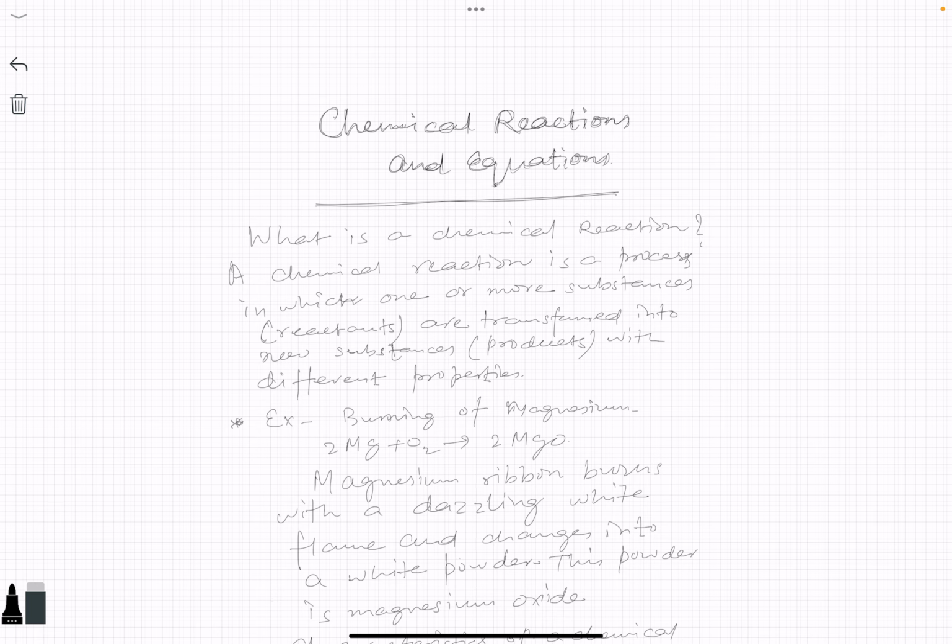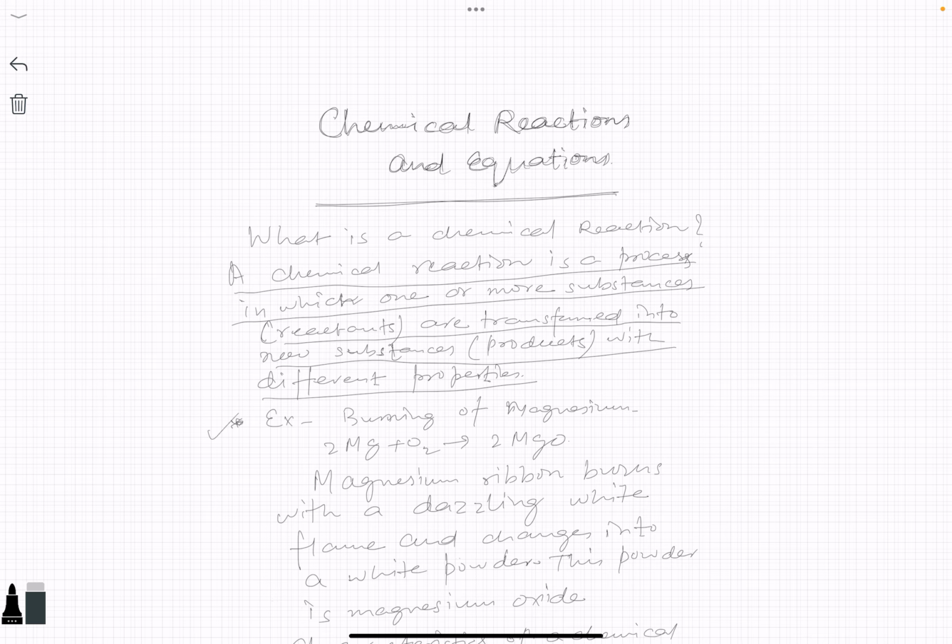A chemical reaction is a process in which one or more substances, that means reactants which react, are transformed into new substances, products, with different properties. For example, burning of magnesium.